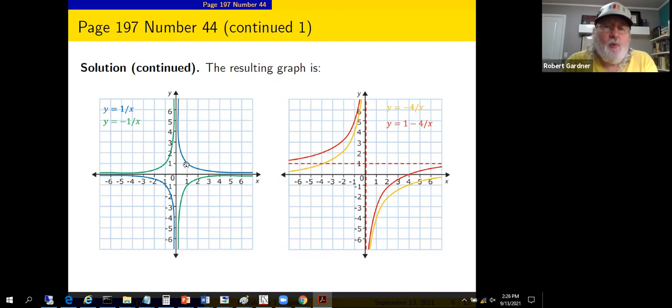If we follow this key point, (1, 1), let's see, that rotated around, reflected about the x-axis to become the point (1, -1) here. That (1, -1) stretched to become the point, oops, there it is on the orange one, of (1, -4).